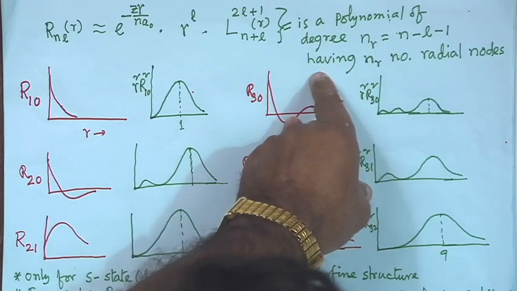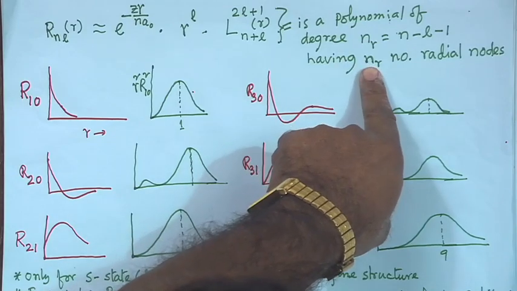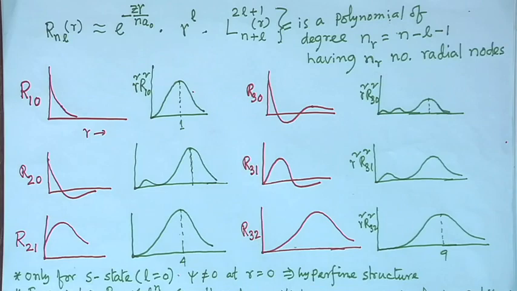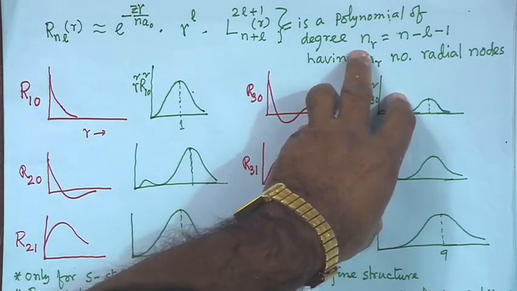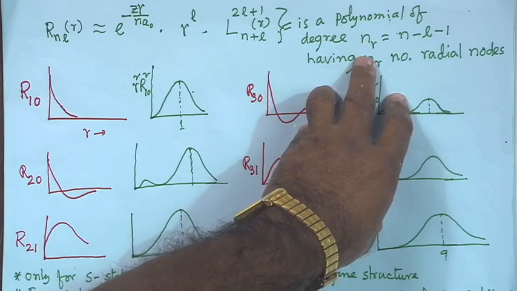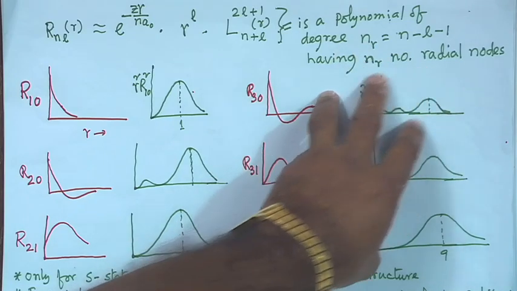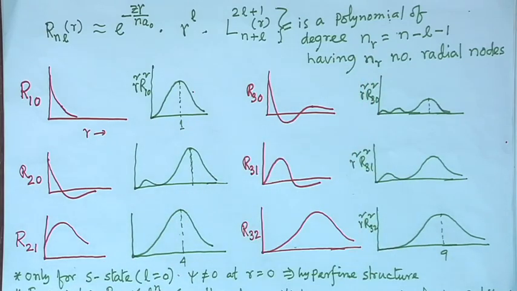So, what is the degree? It is nr. This degree of the polynomial signifies the number of radial nodes.